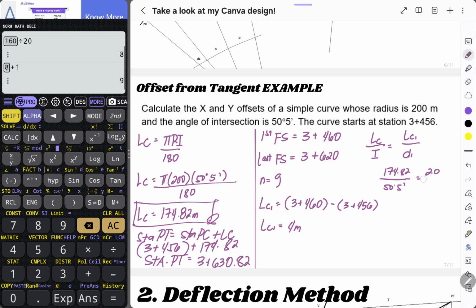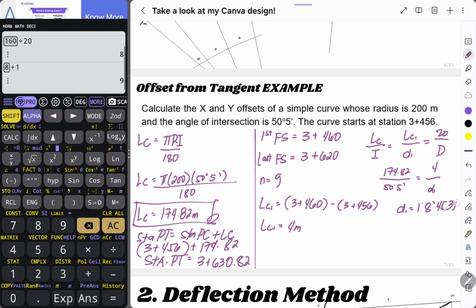Equal po siya sa 20 all over D. Ay, hindi. Mamaya pa yan. Syempre, ito equivalent din siya sa 20 over D. So, LC1 natin, which is 4 all over D1. So, the value of our D1 is 1 degrees, 8 minutes, 45.39.